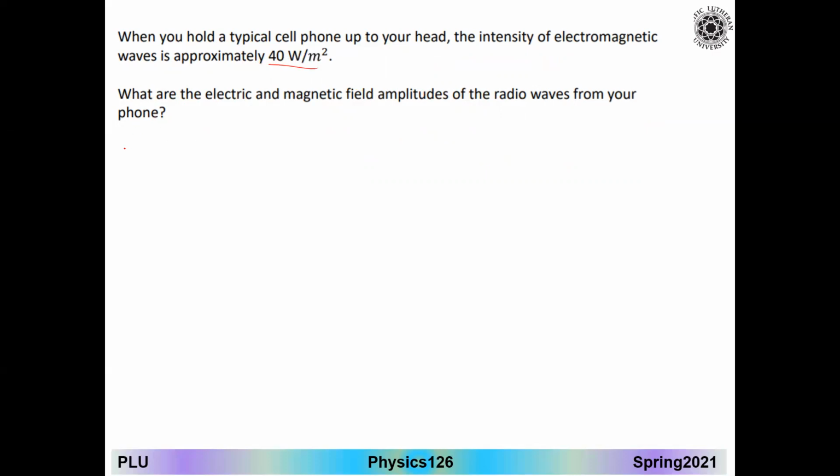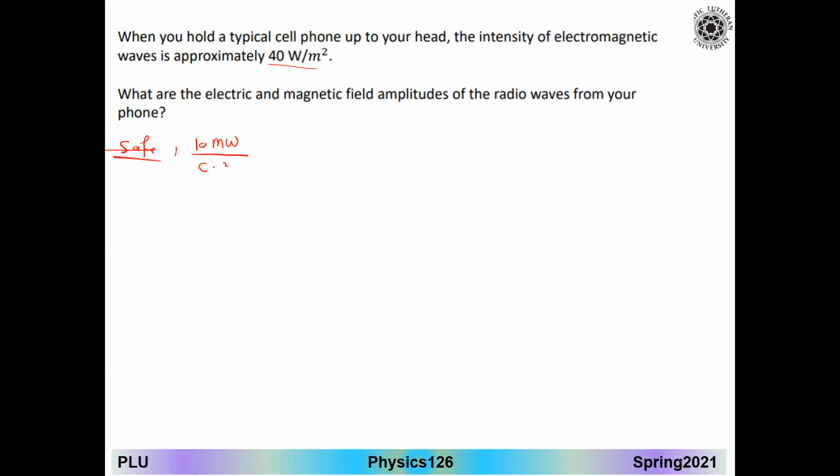So generally speaking, regarding the phone, the safe range for the intensity that human beings can be exposed to is 10 milliwatt per centimeter square.